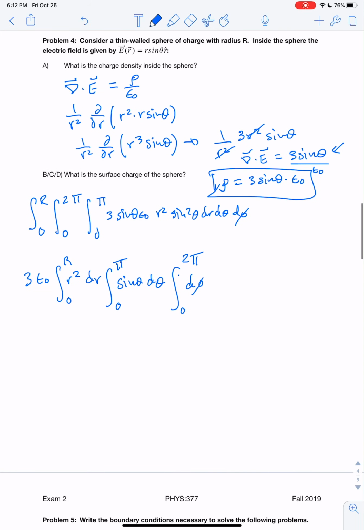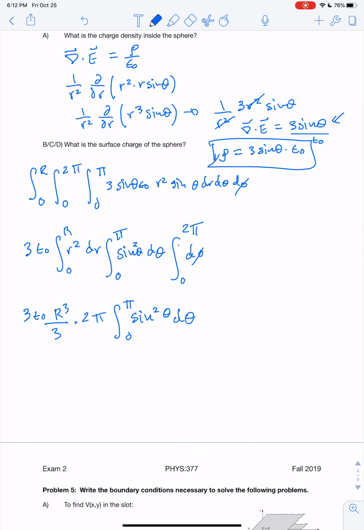Okay, and then that gives us 3 epsilon 0 r cubed over 3, times, from the last integral from our phi thing, 2 pi times the integral from 0 to pi of sine, oopsies, this should be sine squared theta d theta.